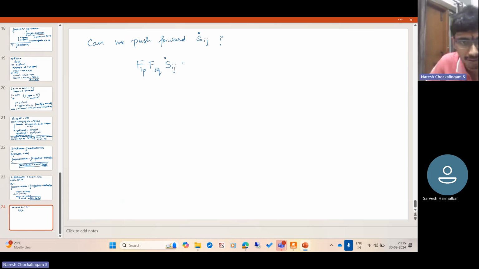What is this? This is nothing but the ijth component of F S F transpose. But what is F S F transpose? This is nothing but J F inverse transpose, J times J inverse F S transpose.